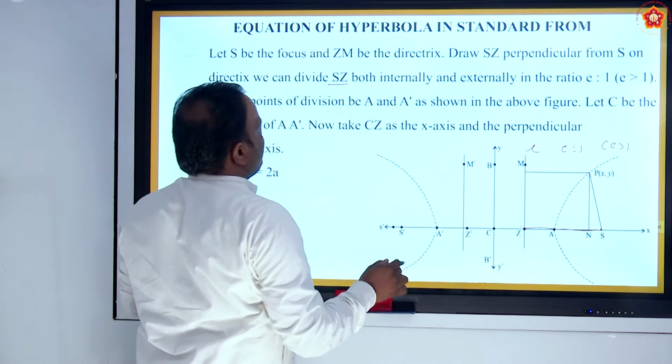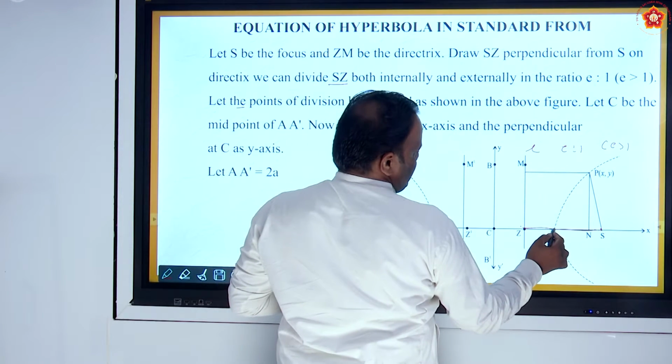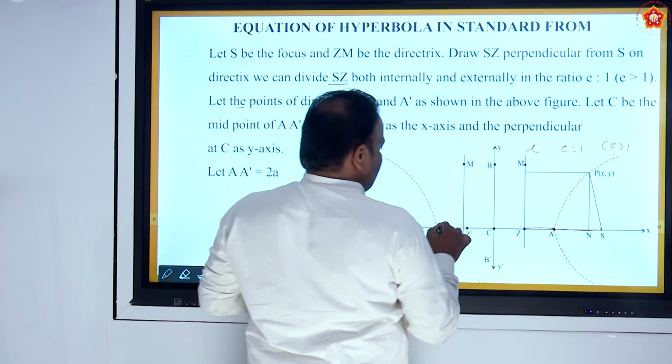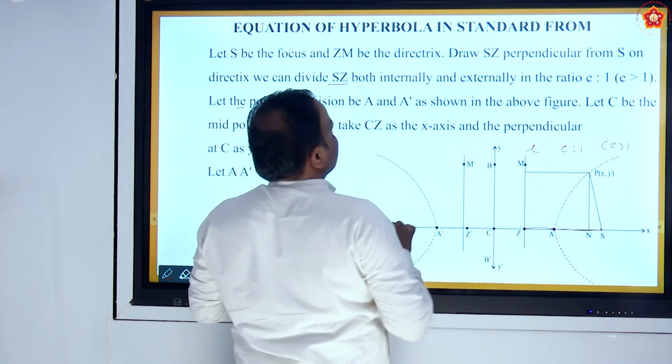Let the points of division be A and A dash. A divides SZ internally, and A dash divides SZ externally.